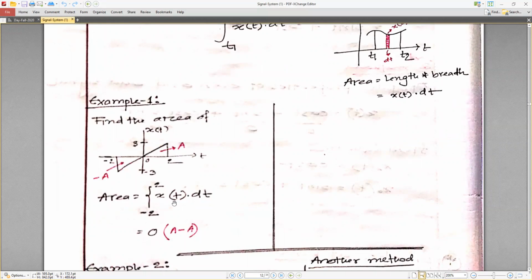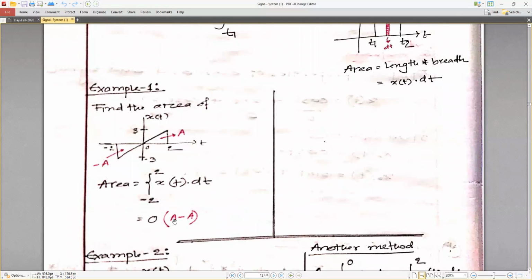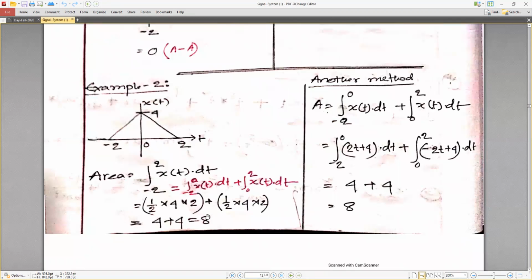If we do this, then it would be 0, a minus a, it would be 0, because 2 minus 2. The area is 0, the average is 0.